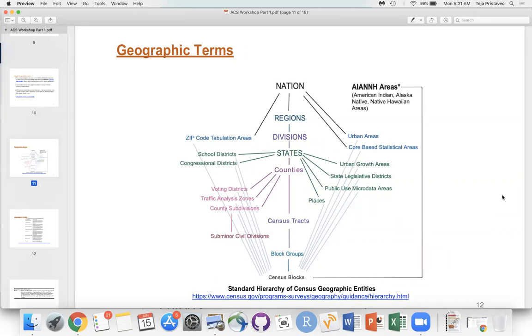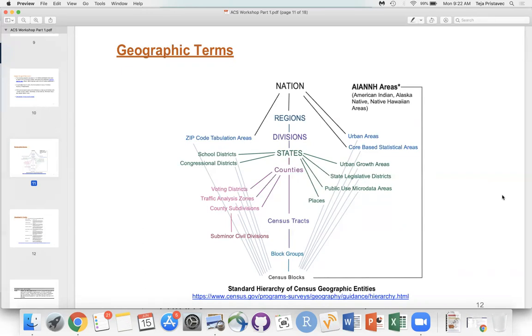The grouping that's even smaller than census tracts, so now you can imagine, you take a county, you break it down into 100 tracts, and then within each tract, there are even more block groups. And again, these are based on the number of people that live in a certain area. And then even smaller than that are census blocks, and that's the smallest area you can possibly get to.